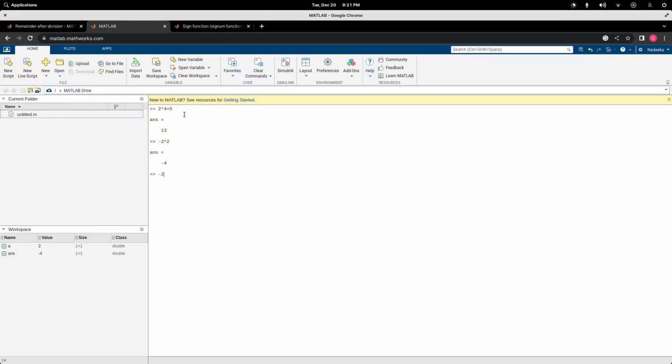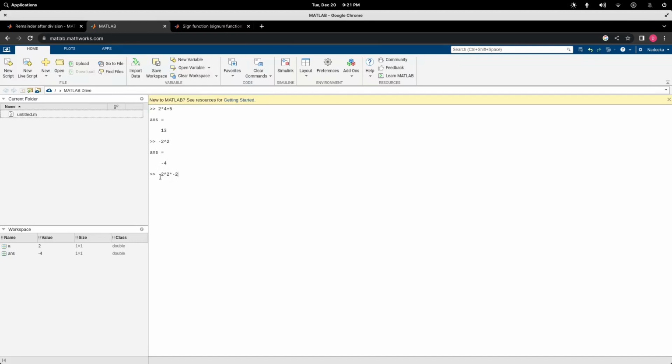Again, if we have this, the highest precedence is the exponent, so it will take 4, and then negations have higher precedence over addition.